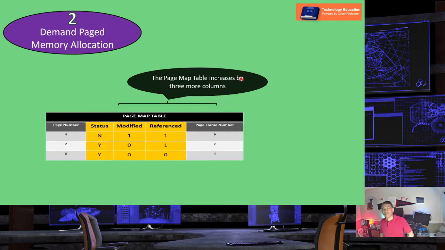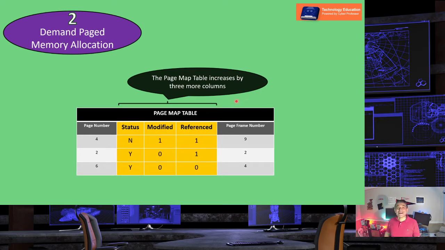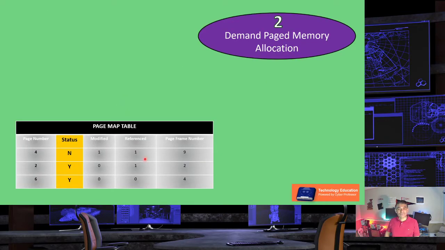Demand page memory allocation system brings another table into the equation, and that is the page map table. This page map table increases by 3 more columns compared to the first memory allocation system that we reviewed, and those are depicted in yellow.